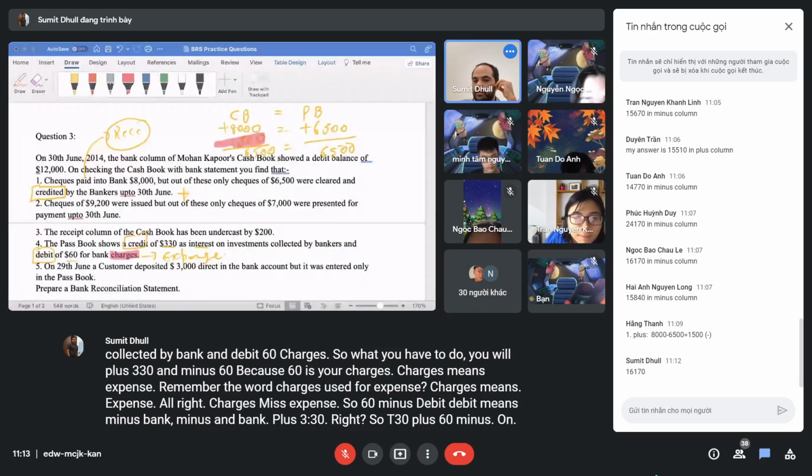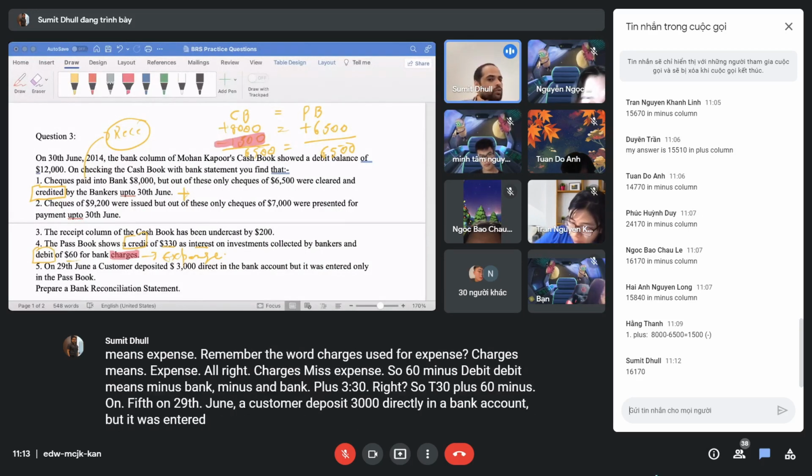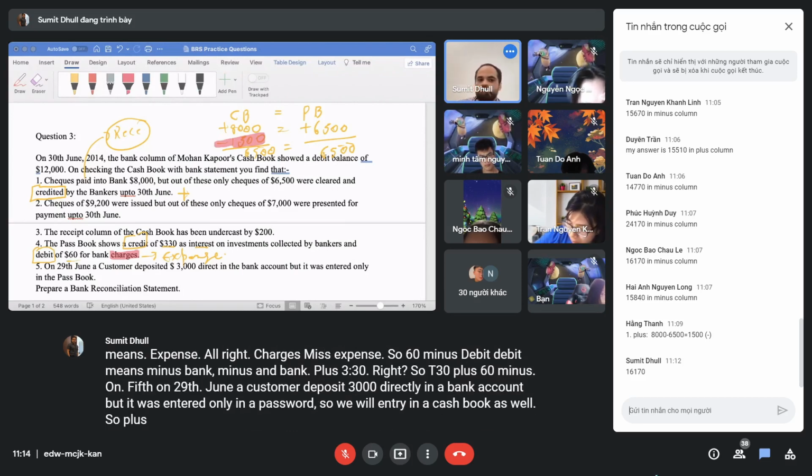On 29th June, a customer deposited 3,000 directly in the bank account, but it was entered only in the passbook. So we will enter it in the cash book as well. So plus 3,000. That's all. Number 5 is plus 3,000.